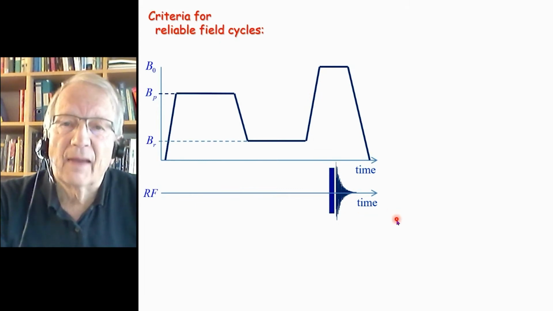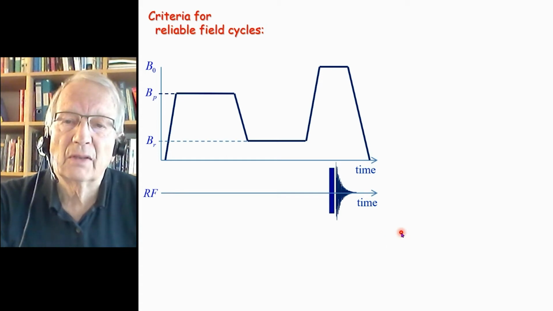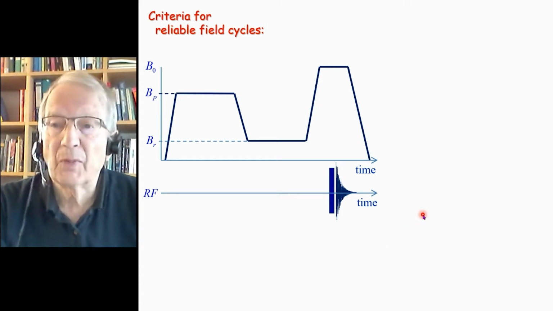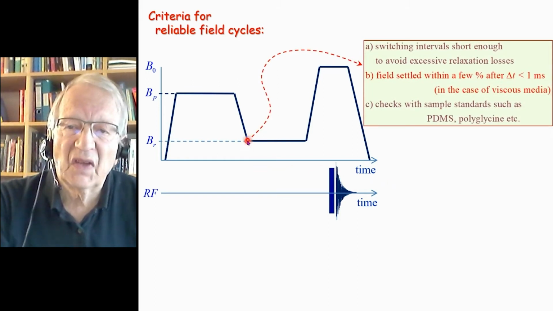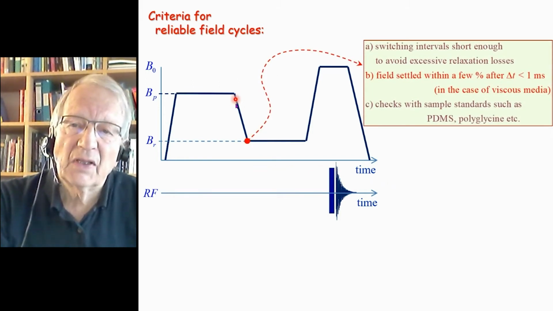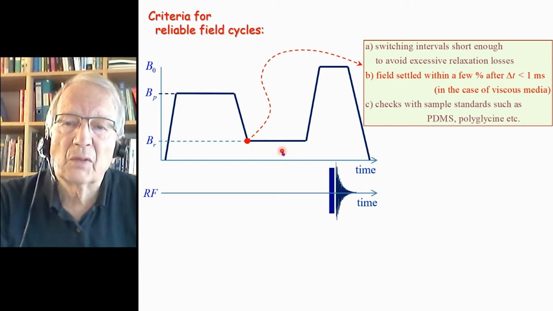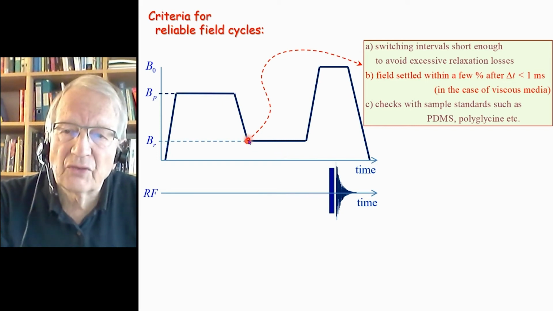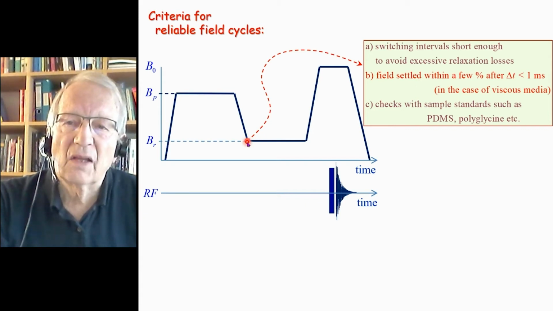Okay, there are some critical points which have to be taken into account when doing such experiments. The first one I would like to refer to is this edge. It's relatively easy to go from the polarization field down to the relaxation field. This is not a big problem technically. However, when we reach the relaxation field, the field should settle immediately.